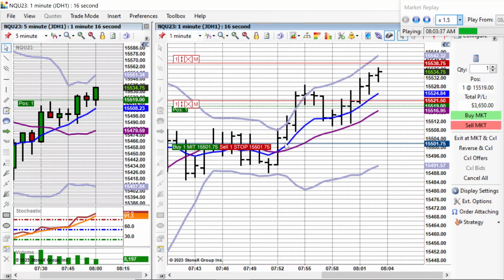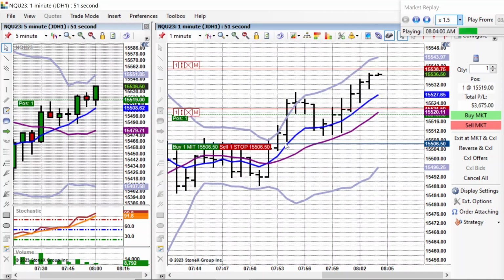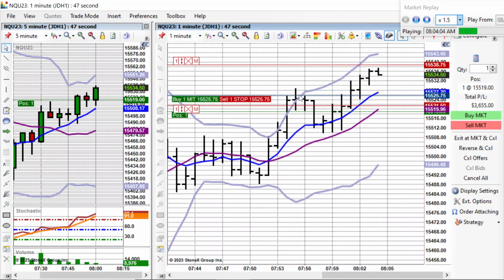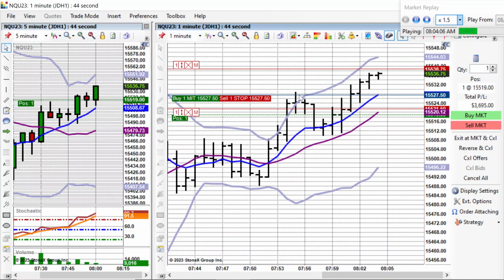I actually like being in this position right here, where you can just kind of relax and just let it do its thing and not worry about it. But as the day goes on and the volatility kind of dies off, you can see these price bars become shorter, so it takes longer and a little bit more patience to just let it move.